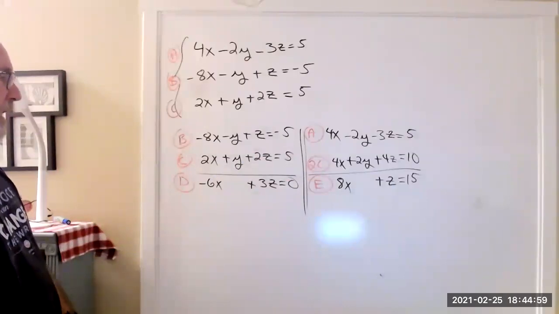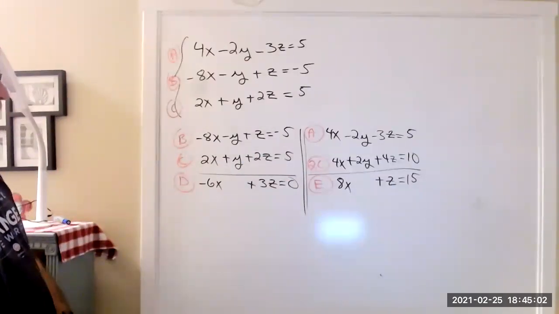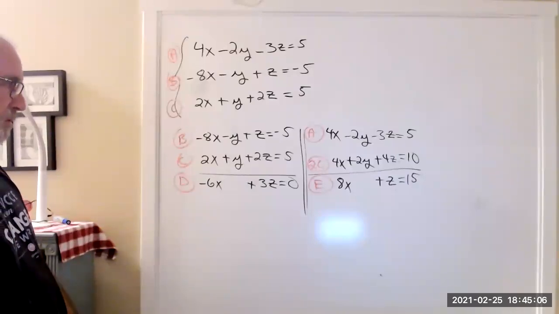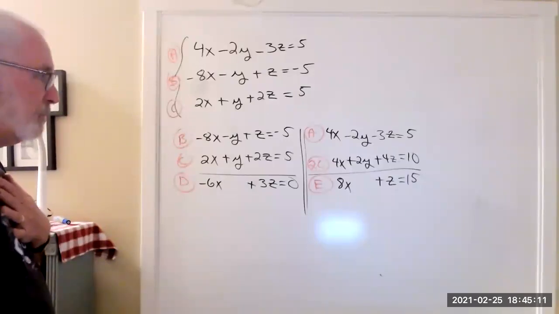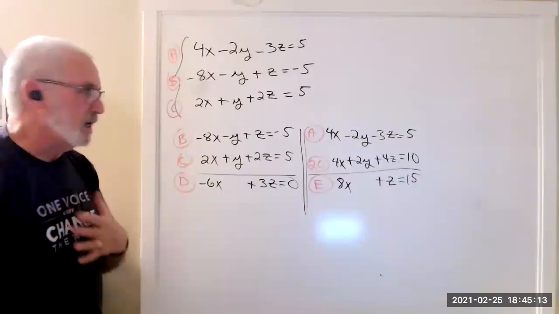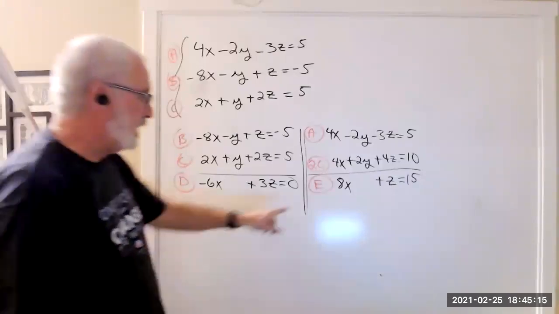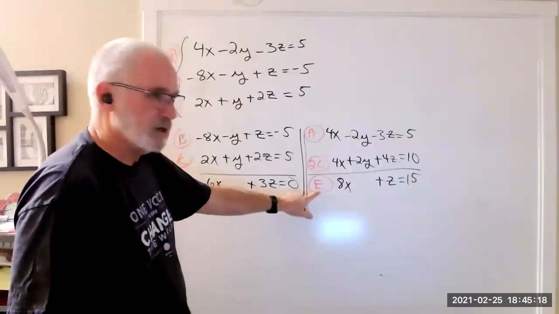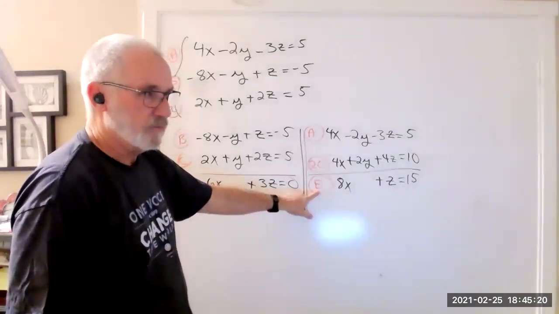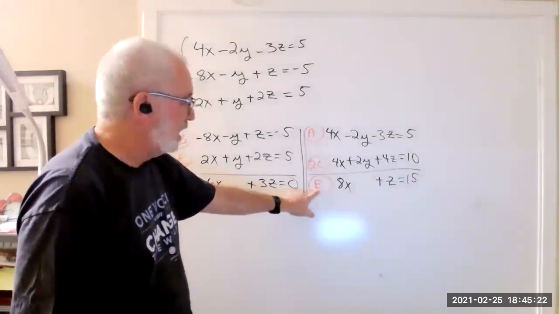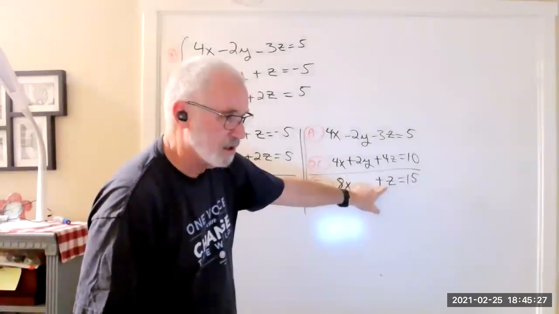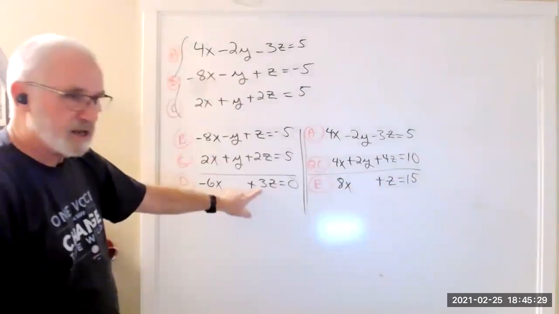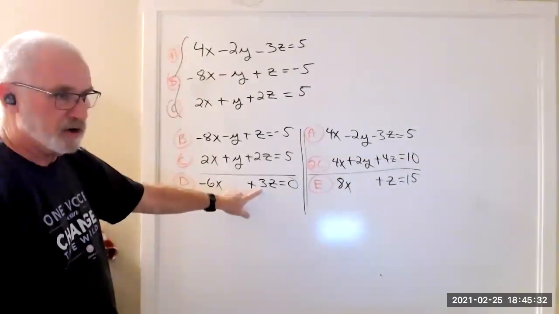So now I'm supposed to take D and E and somehow eliminate a variable. In my opinion, and this is strictly me, I would do negative 3 times equation E, because that'll give me a negative 3z here, and that'll cancel out with my positive 3z here.